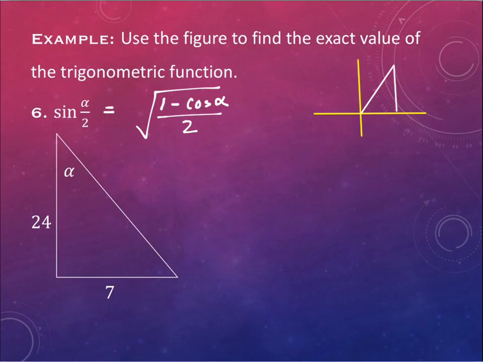If you don't redraw it, that's fine too. The point simply is that this is going to be the positive value of the square root, not the negative one. If 24 or 7 had been negative, then we would have had to decide, okay, where are we? Do I have a positive or a negative, and how do I make that decision?